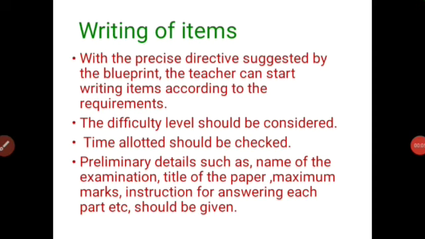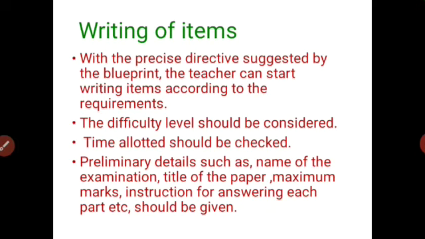After the preparation of the blueprint, the next step in the construction of an achievement test is writing of items or questions. With the precise directive suggested by the blueprint, the teacher can start writing items according to the requirements. The difficulty level should be considered. Time allotted should be checked.